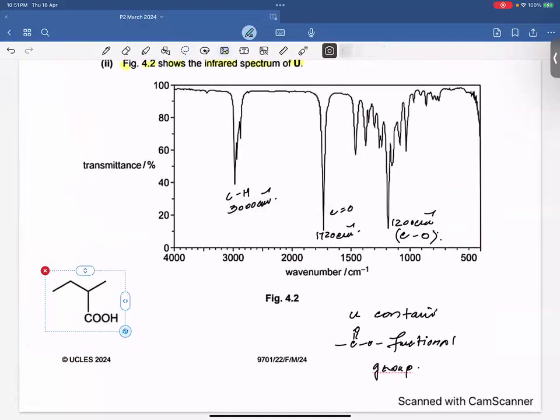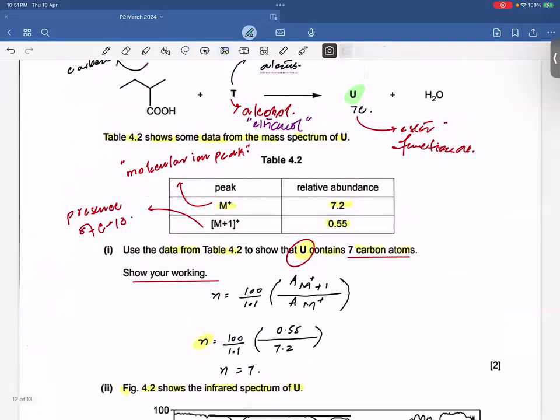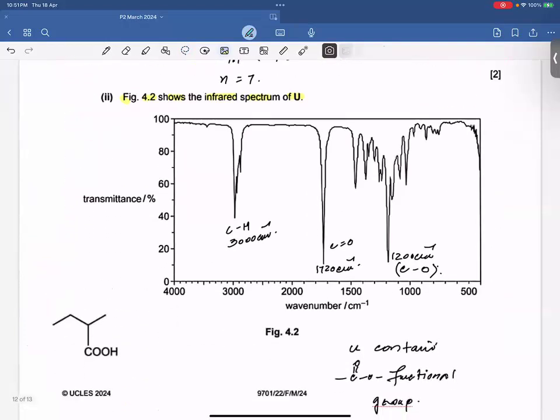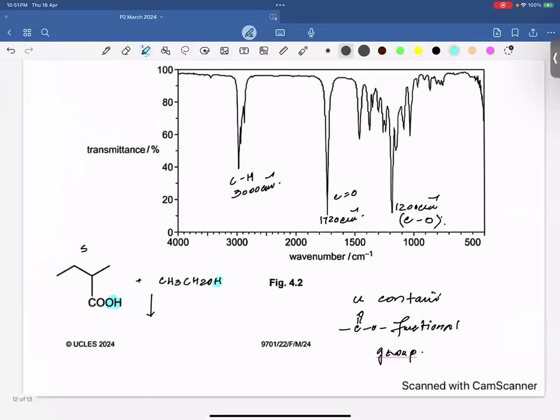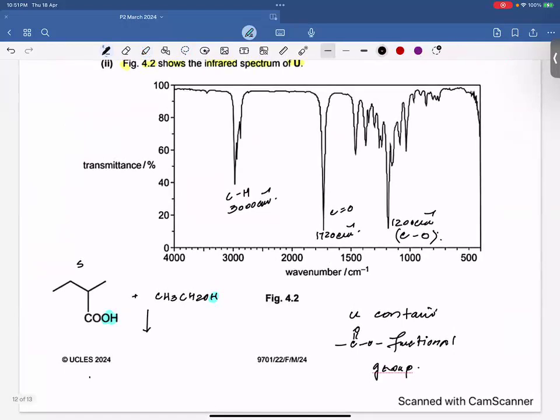This is basically S. And T is basically ethanol. So when they react together, obviously OH is removed from the carboxylic acid and H is removed from the alcohol. They will combine together to give you an ester and water.